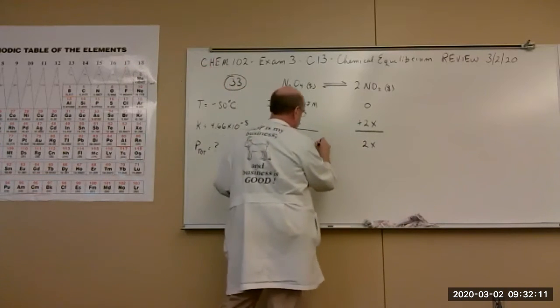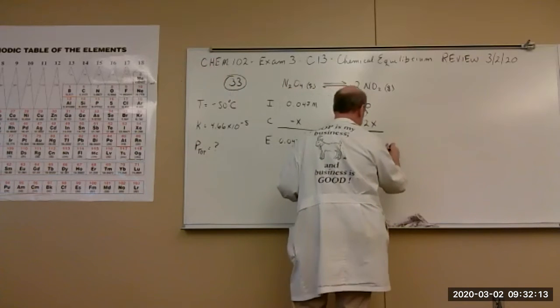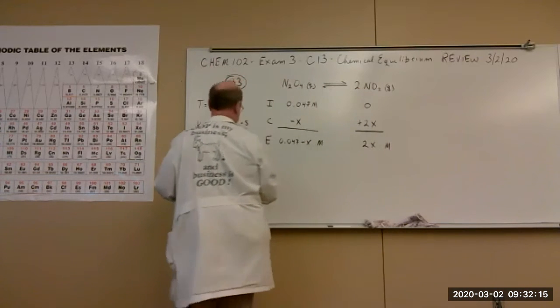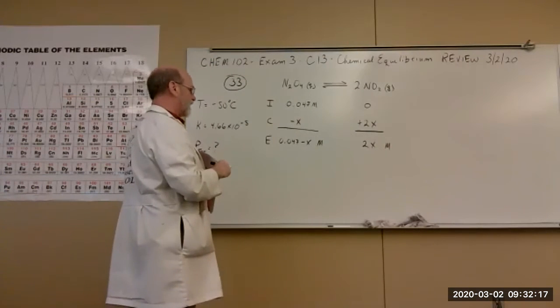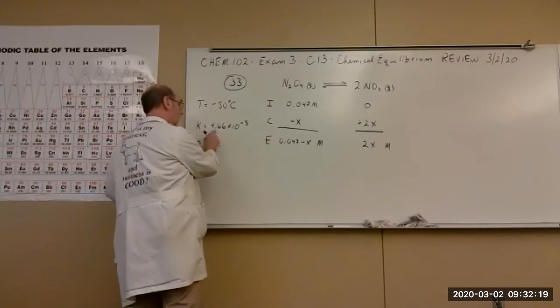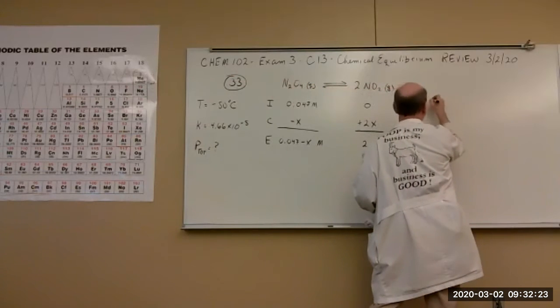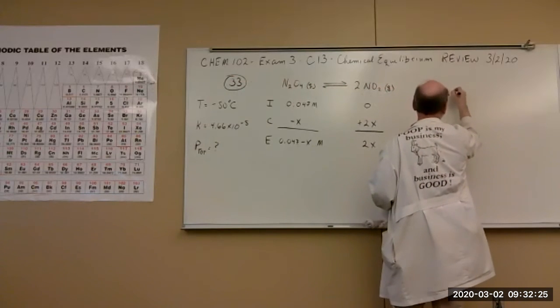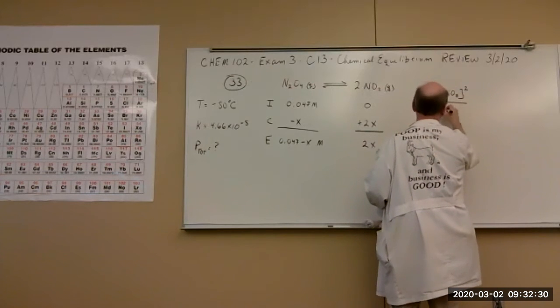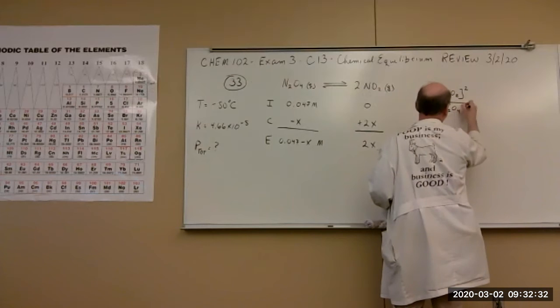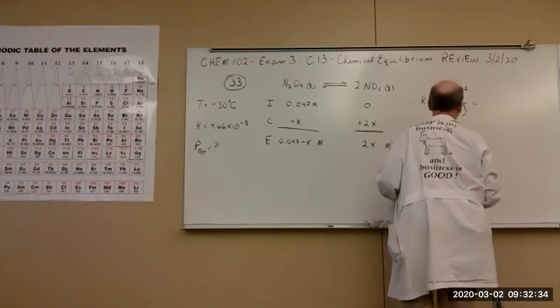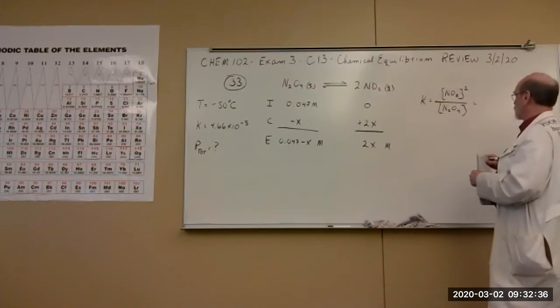And this is molarity, right? So how do we find what x is? Well, we got K, so we need an expression for K, which would be NO2 squared divided by N2O4. And we plug in our values.